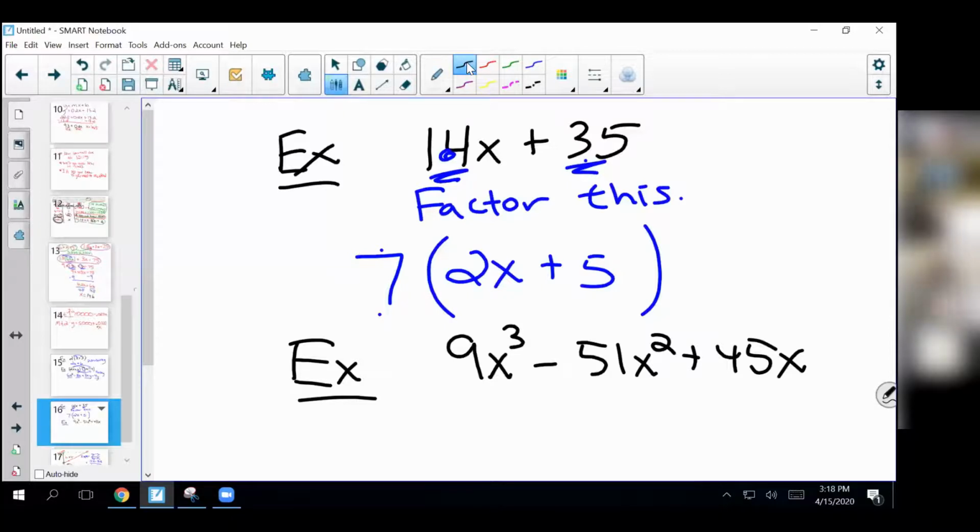Now, the only number that goes into 9, 51, and 45 I believe is 3. So we're going to take out a 3 here. But we can also take out an x, because x goes into x cubed, x goes into x squared, and x goes into x. So I'm going to do 3x, open my parentheses.